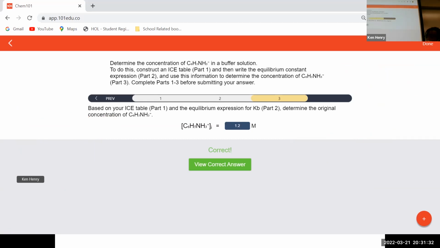Next problem. 61, you said? 61. Yes. No, they're not simultaneously.